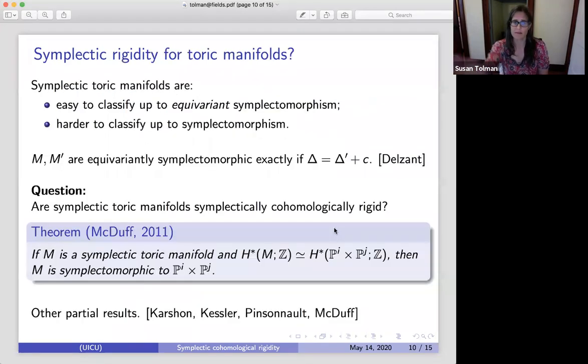In fact, McDuff proved a generalization, but a fairly special case.